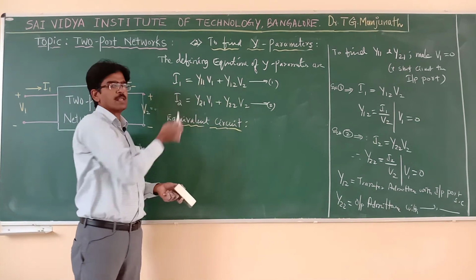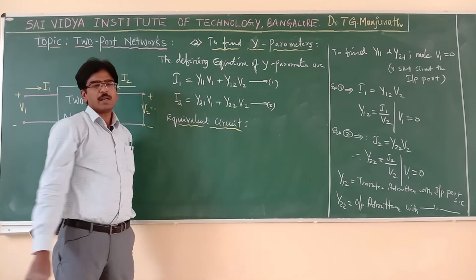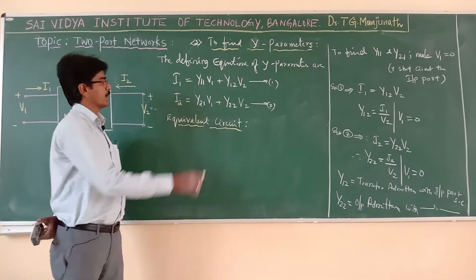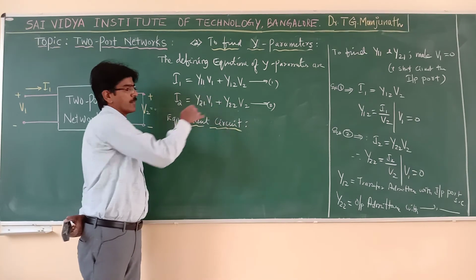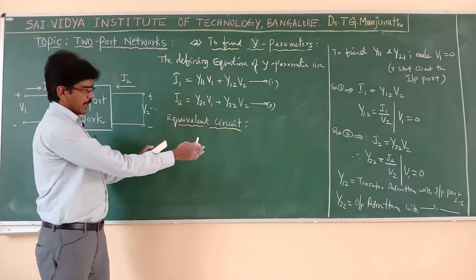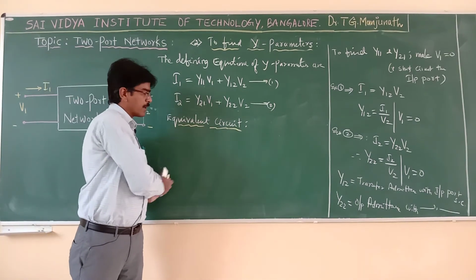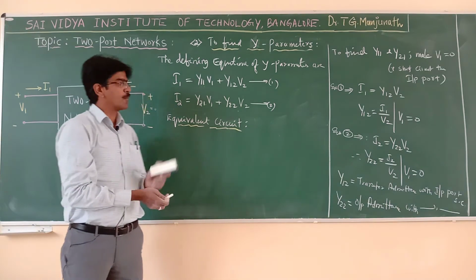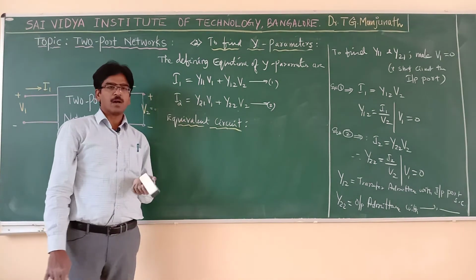Y into V is nothing but current, you know. So current divides in a parallel circuit. Similarly, I2 is equal to this current plus this current. Hence, in the equivalent circuit, we will get a parallel circuit at the input port and a parallel circuit at the output port, because I1 is input current, I2 is output current.